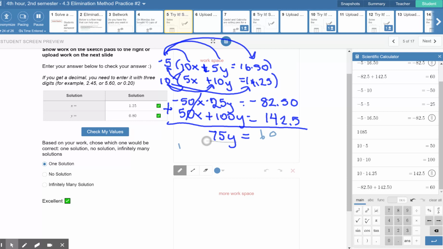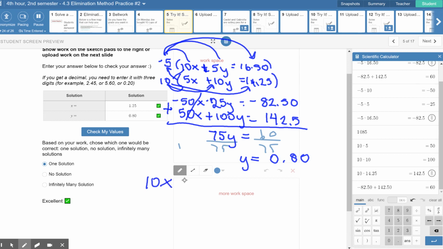And then we get to divide by 75. And that is where Y equals 0.80.